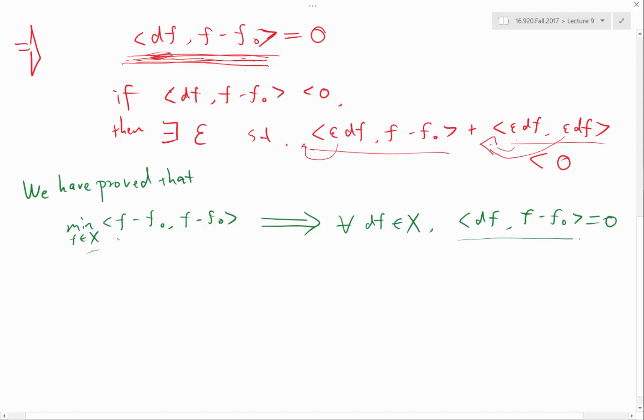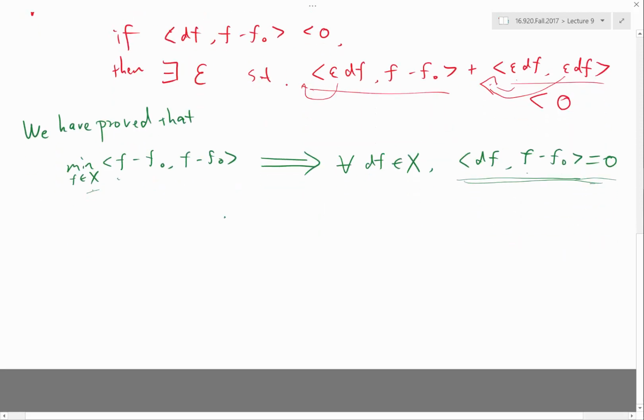Let's say this pen is f0 and the blackboard is my space of x. The projection of this pen onto the blackboard is going to be here, and then f minus f0, the vector that points from my pen to the blackboard, has to be orthogonal to the blackboard.